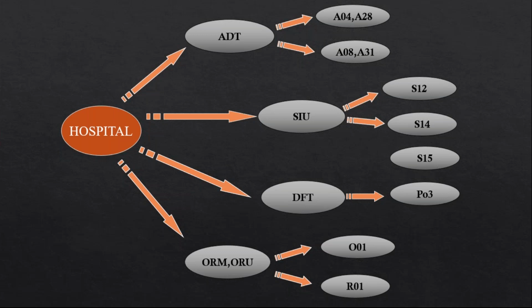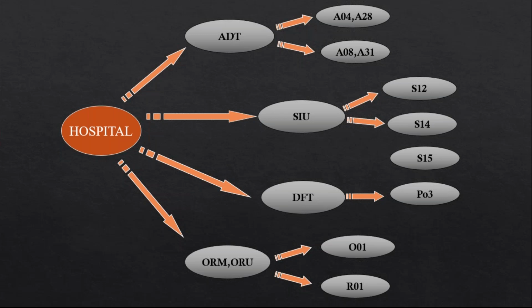So A08 or A31 basically contain additional segments. Is that the difference between the different events?